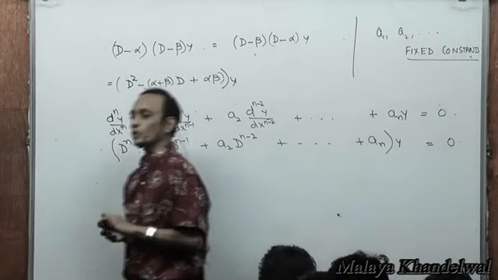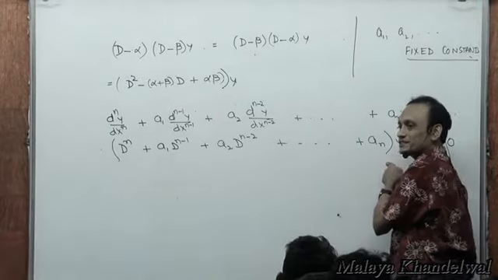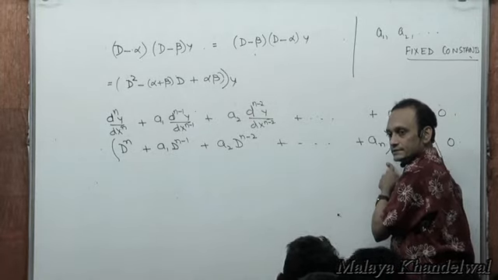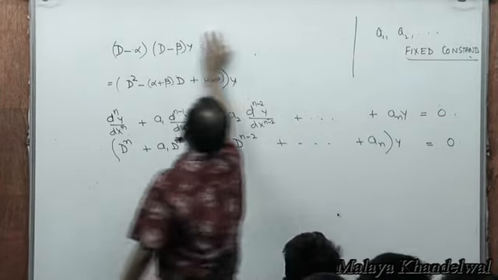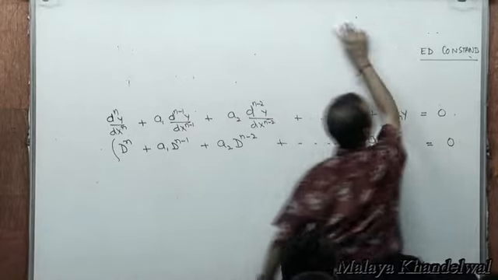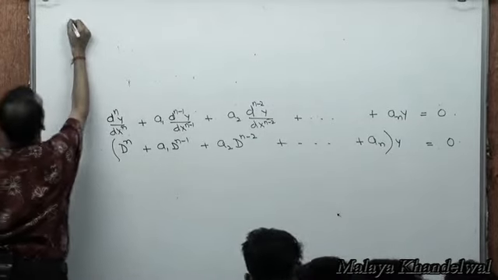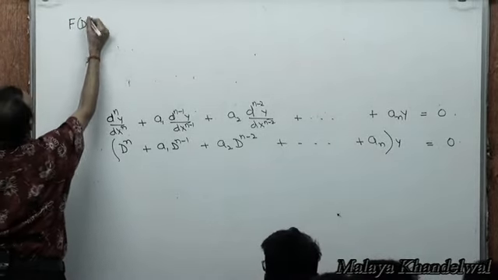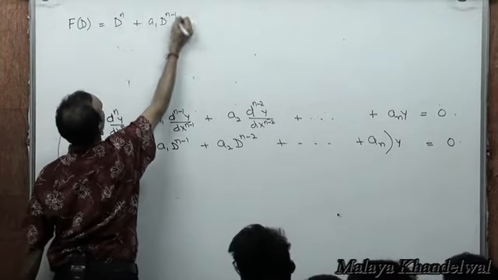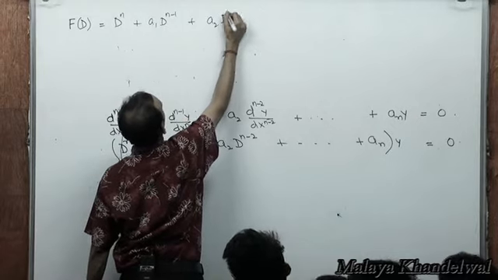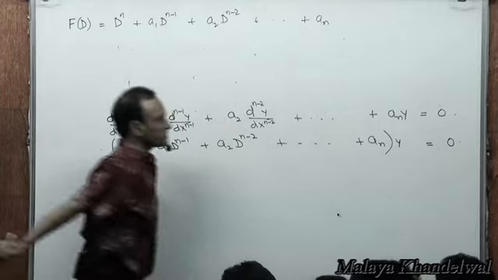That's the differential equation, where this is my operator. My operator F(D) is D to power n plus a1 D to power n minus 1 plus a2 D to power n minus 2 plus an. That's my operator, right?